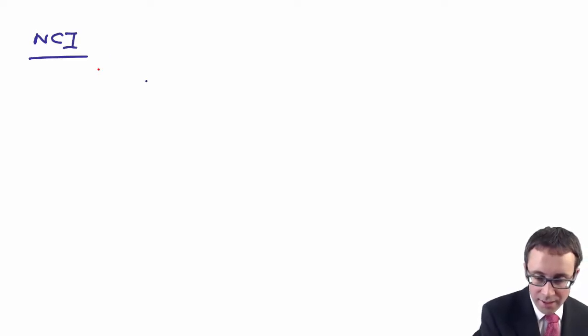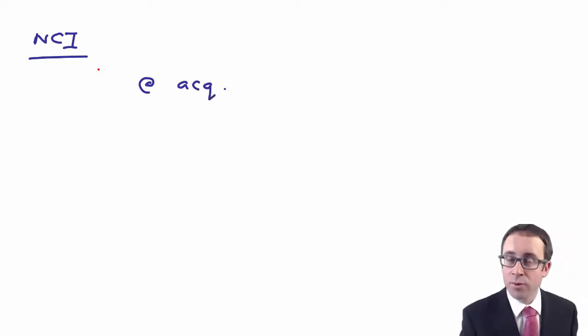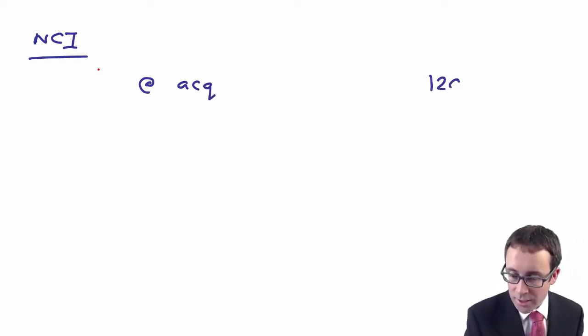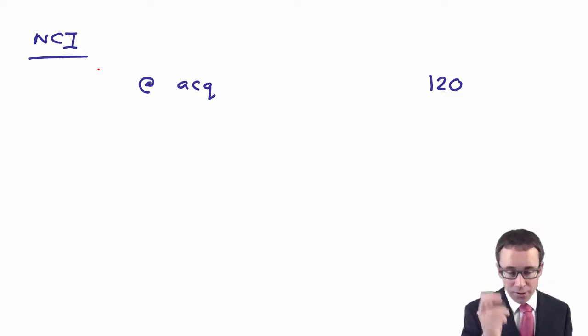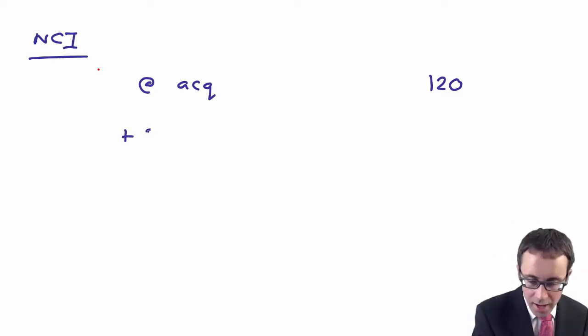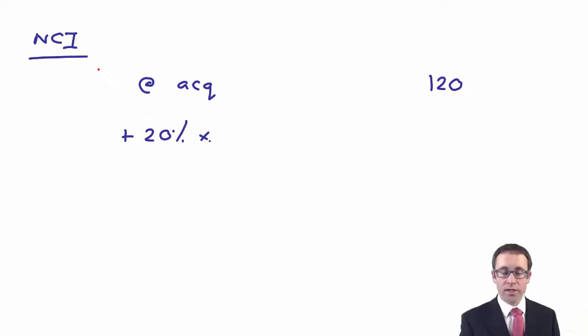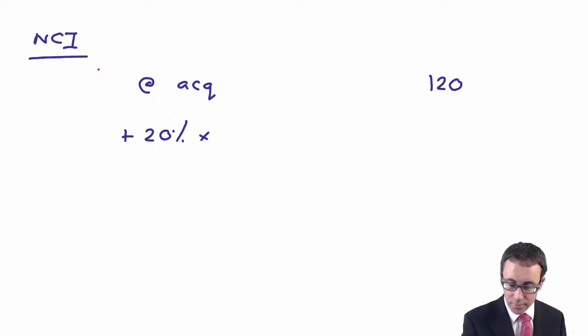Your non-controlling interest, your NCI. Remember, that takes the non-controlling interest at the date of acquisition, which we know is there as 120. So again, we work it in the overseas currency. We add on 20%, so the non-controlling interest share of the post-acquisition profits.